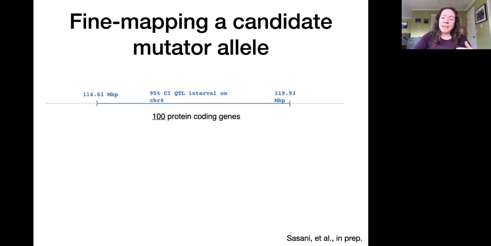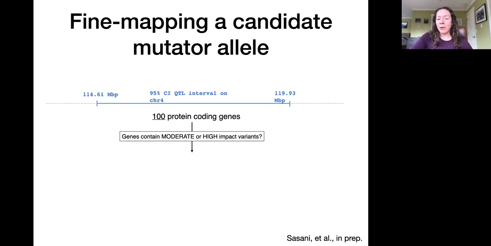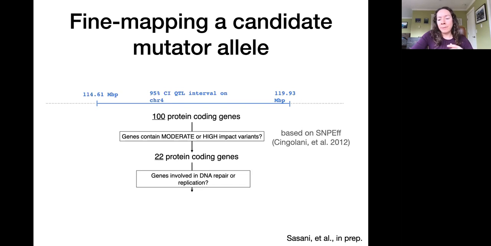It turns out this region contains 100 different protein coding genes, but then Tom first filtered these by which contain variants that are annotated to have moderate or high impact by a program called SnpEff. And that narrowed this down to 22 genes. And then we filtered further to genes annotated by gene ontology as being involved in DNA repair and replication.